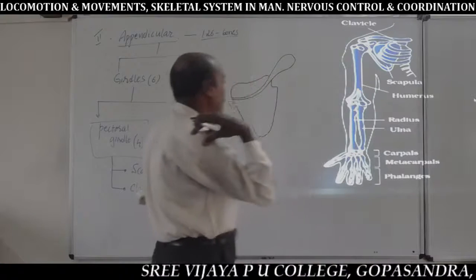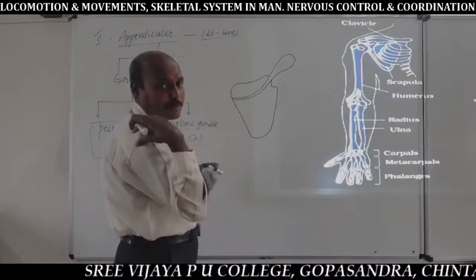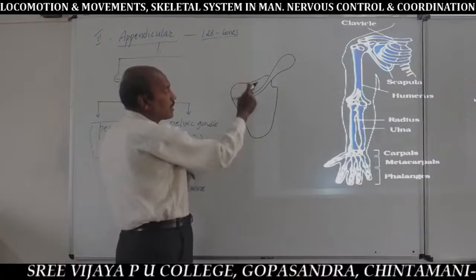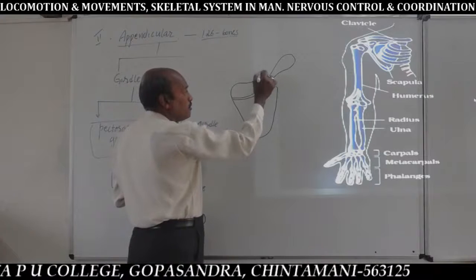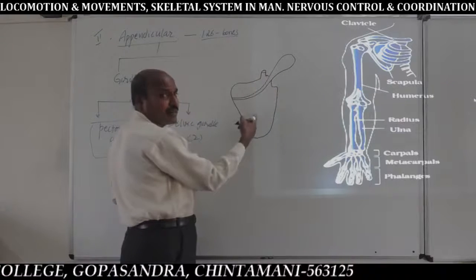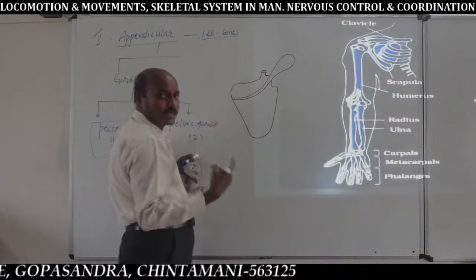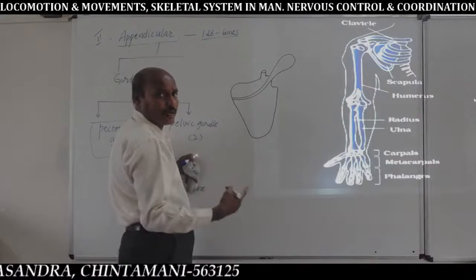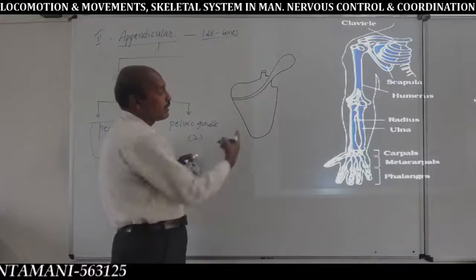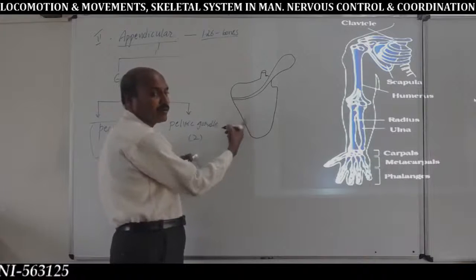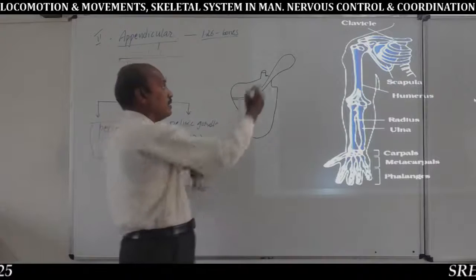This bone is the scapular bone. So it is a more or less triangular bone found on the dorsal surface of the shoulder region. It consists of 3 processes.